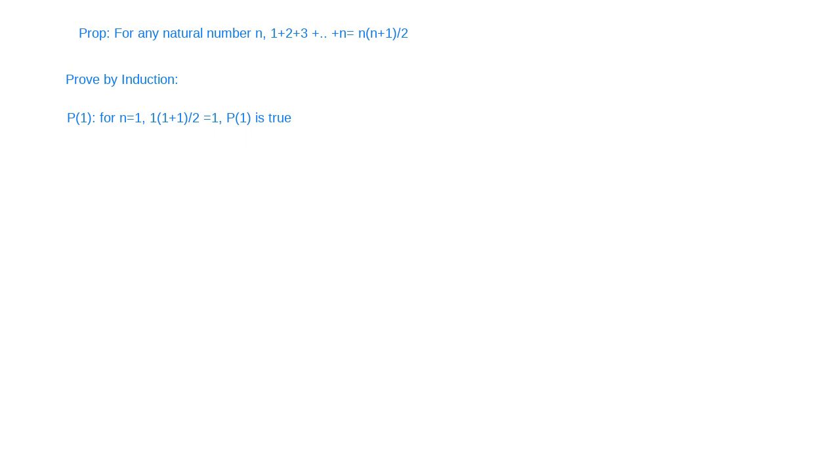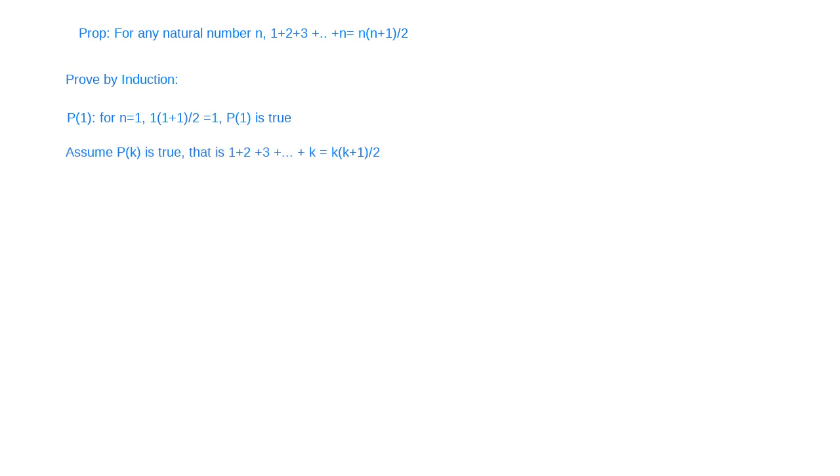Now assume P of n is true. That is 1 plus 2 plus 3 plus up to n. Let me use k instead. Let me use P of k: 1 plus 2 plus up to k equals k times k plus 1 divided by 2.